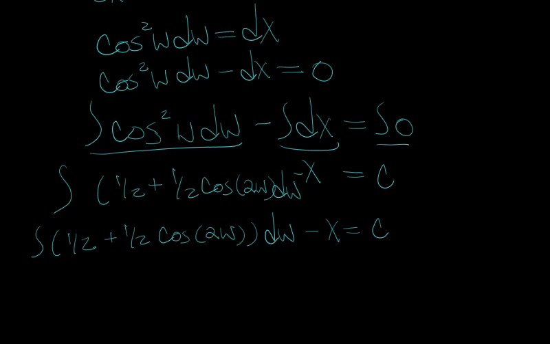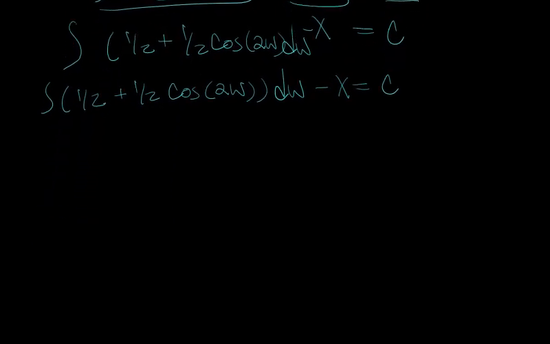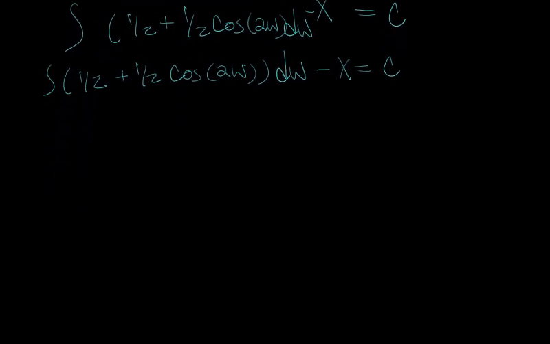So I could easily factor the 1/2 out of that integral, but realistically it's not going to make much of a difference in terms of difficulty. So in evaluating the integral, I would end up with w over 2 plus 1/4 sine 2w. Remember, you have to use substitution when you integrate the cosine 2w, and you will divide out the derivative.